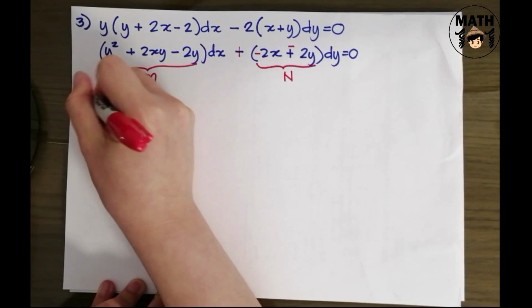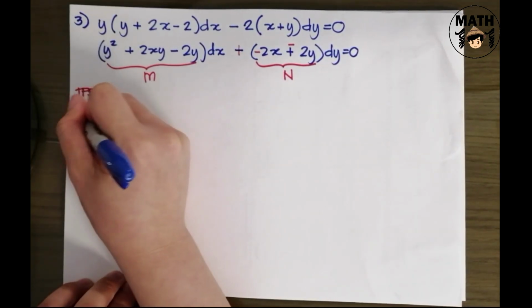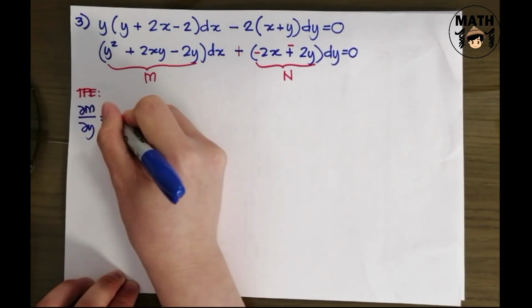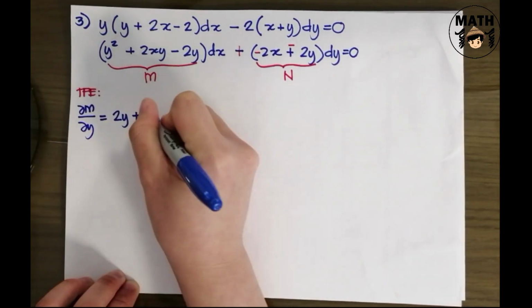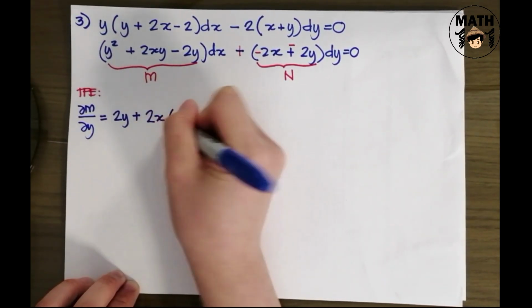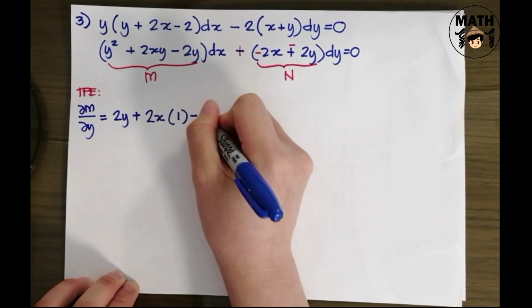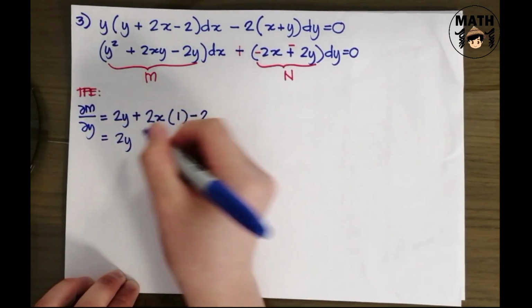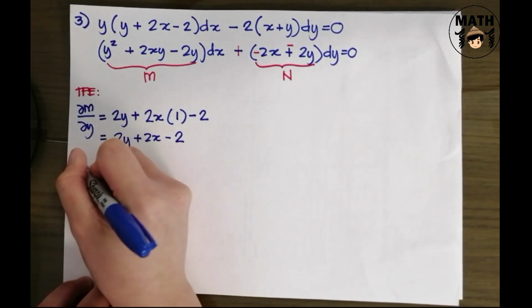Test natin kung siya ay exact. Partial derivative of M with respect to y equals derivative of y squared is 2y plus derivative of 2xy minus derivative of 2y too. Simplify natin to. 2y plus 2x minus 2.